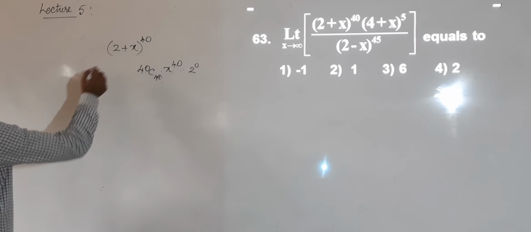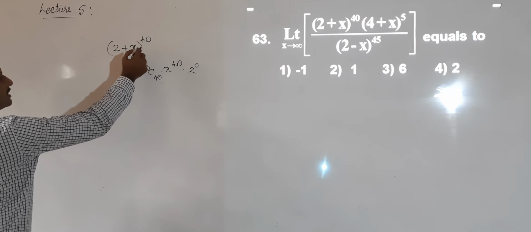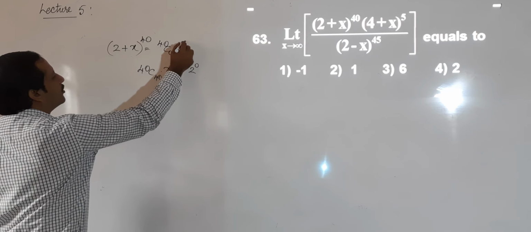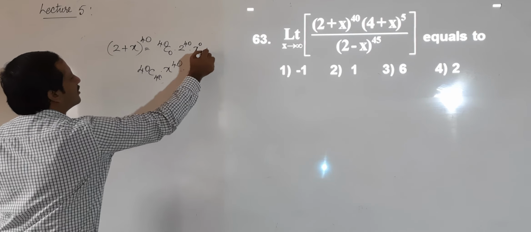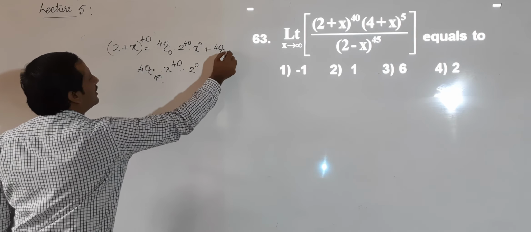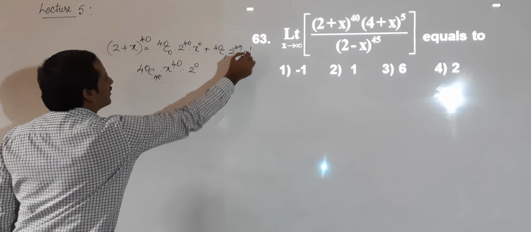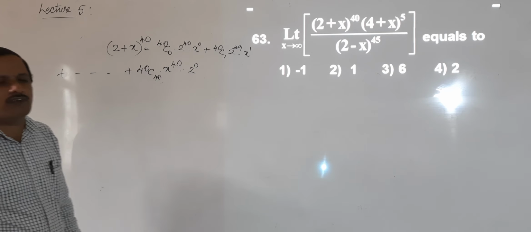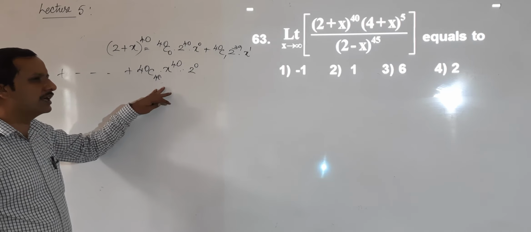Right? Because, see, what will be the expansion of (2 plus x) whole power 40? This is equal to 40c0 into 2 power 40 x power 0 plus 40c1 2 power 39 x power 1, etc. plus 40c40 x power 40 into 2 power 0. This is what you get.